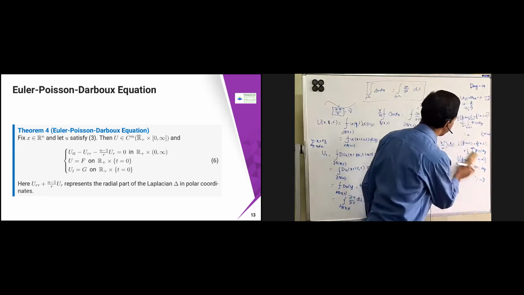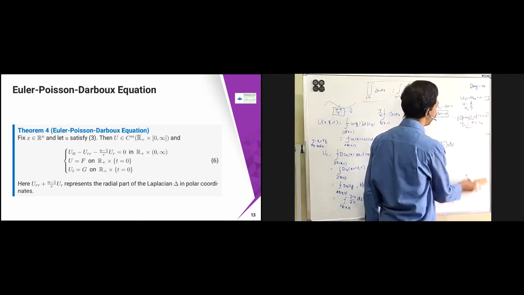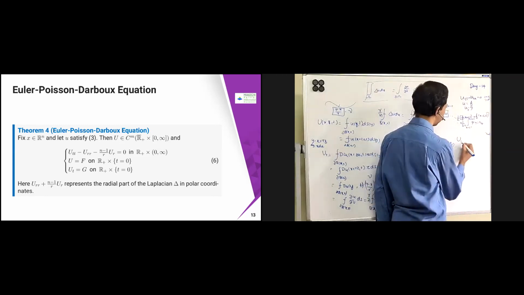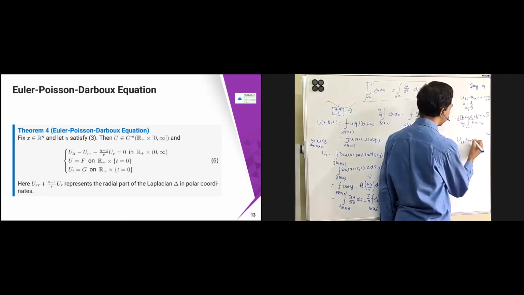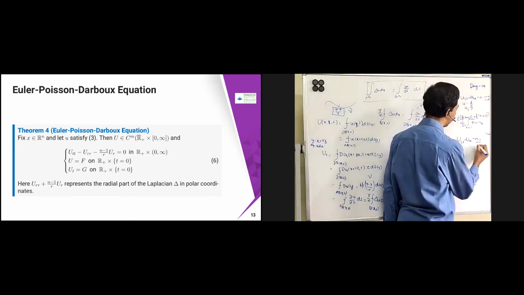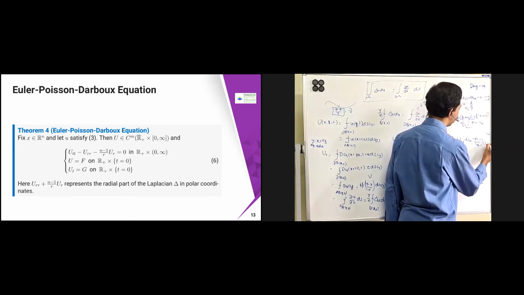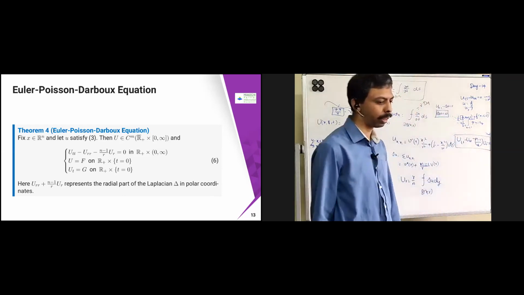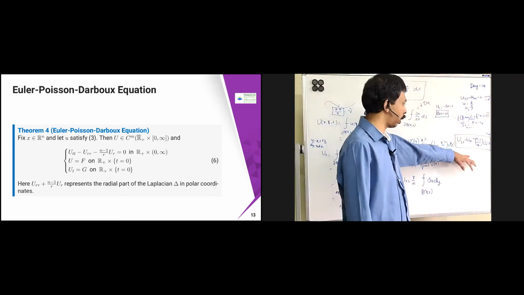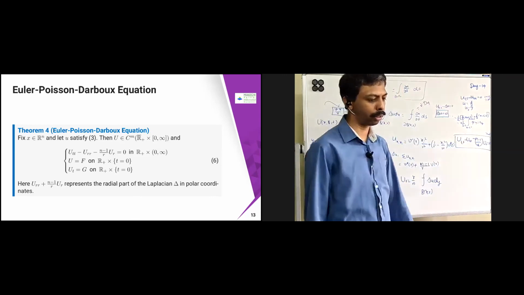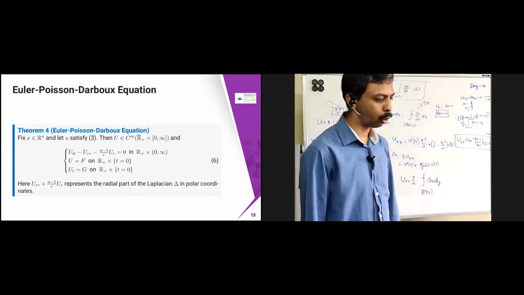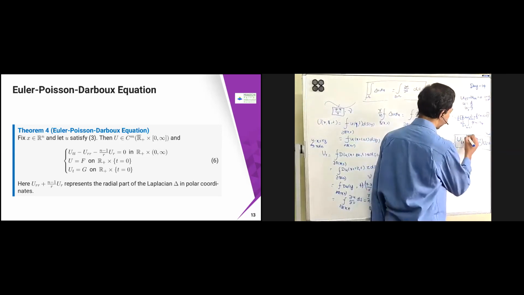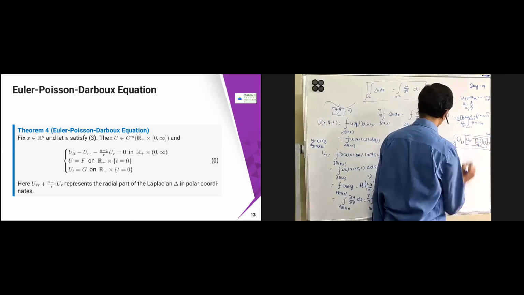The Darboux equation is nothing but u_tt minus u_rr minus (n minus 1) by r into u_r equal to 0, with the boundary conditions u equal to f on R plus at t equal to 0, and u_t equal to g on R plus.